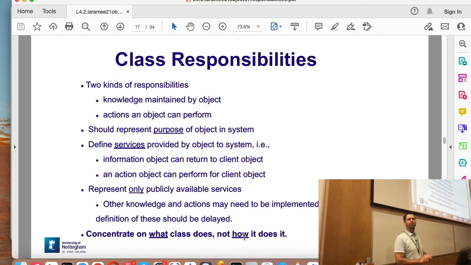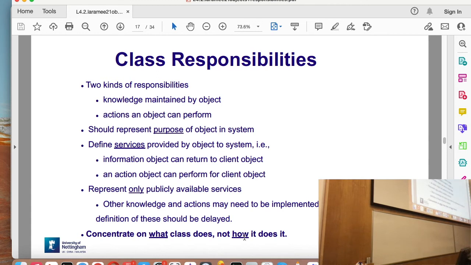Anybody want to try to imagine why that could be true? Why that guideline exists? Name? Oh, we got two hands. Where was Alex? Okay, hiding behind the screen. It's because in the future, how it's implemented could change.